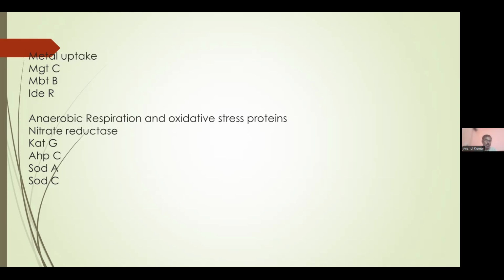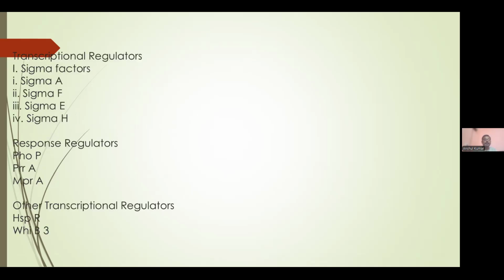Again, I am mentioning that one is nitrate reductase synthesized by RV1161, then KATG, RV1908C, the catalase peroxidase enzyme, then AHPC, RV2428, then SODA, RV3846, SODC, RV0432. Then comes the transcriptional regulators.